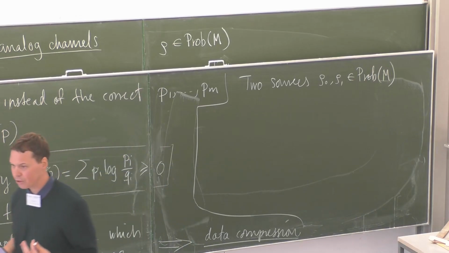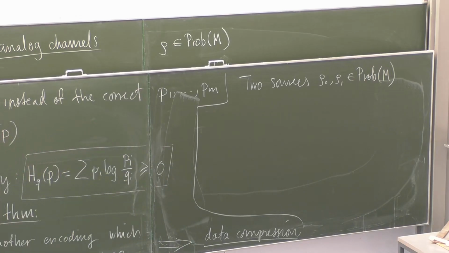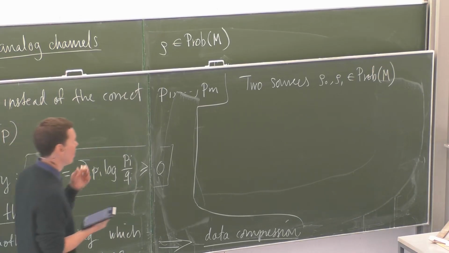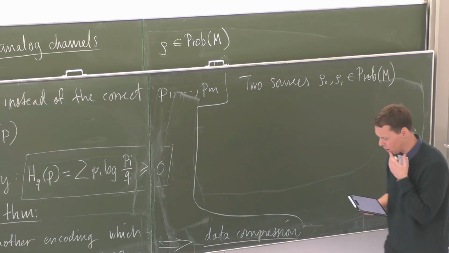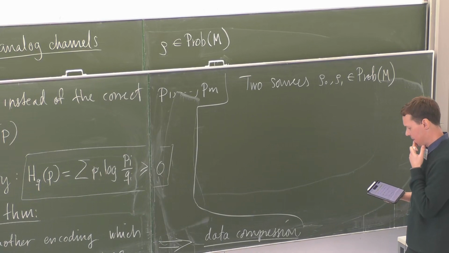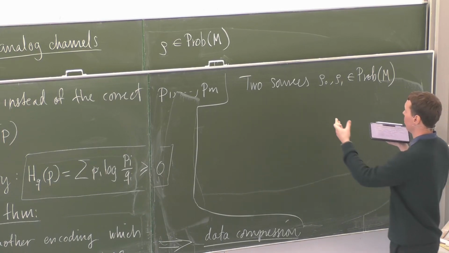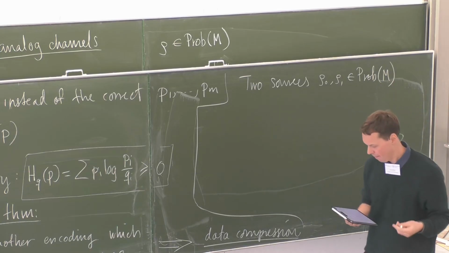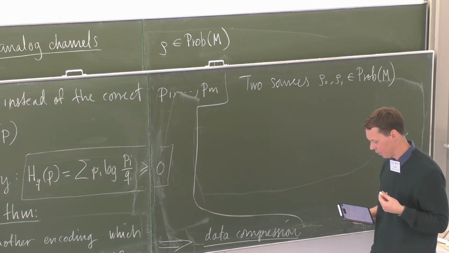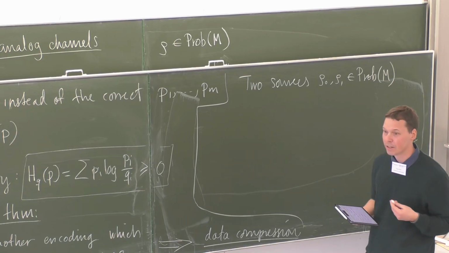And then it's natural to ask now, not just what it means for messages to be nearby, but what it means for these two distributions to be nearby. That leads us to geometry.